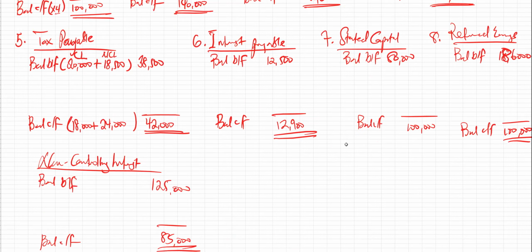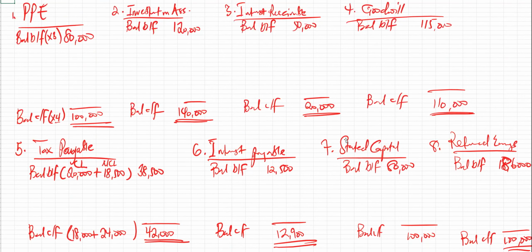Now, anything that has its corresponding brother in the P&L, you give me the P&L. Investment in associate: do we have anything concerning the associate in the P&L account? Yes, share of associate profit. So balance plus P&L figure.